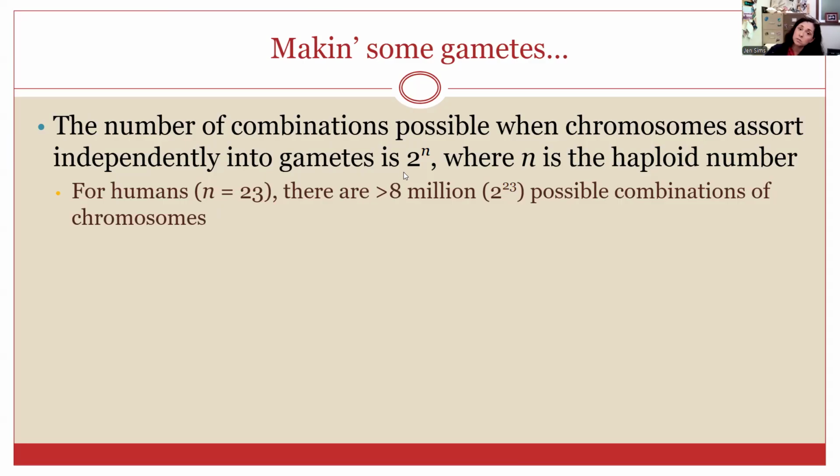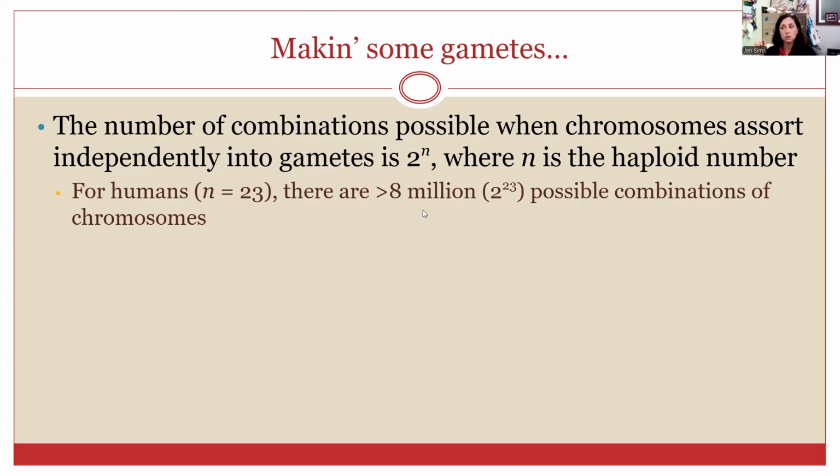So how many chromosomes do you have? What's your n number? Your n number is 23, like you have 23 pairs, right? That's your haploid number. So that means this is the number of possible chromosomal outcomes. So how many possible eggs or possible sperm could a human make just by lining up in different ways on that metaphase plate?